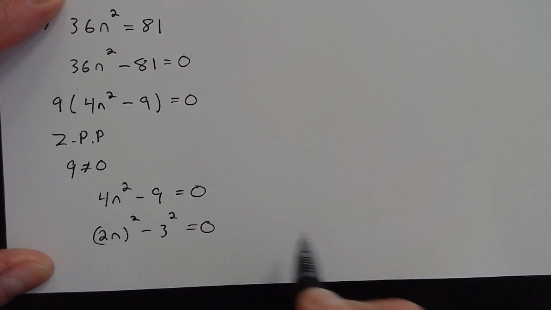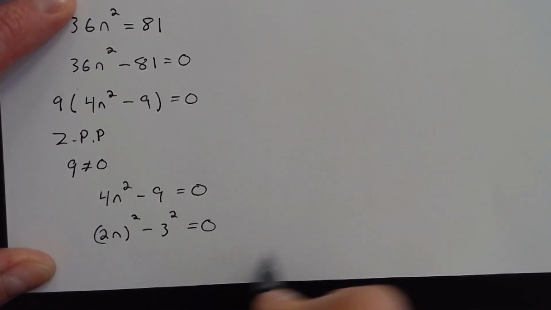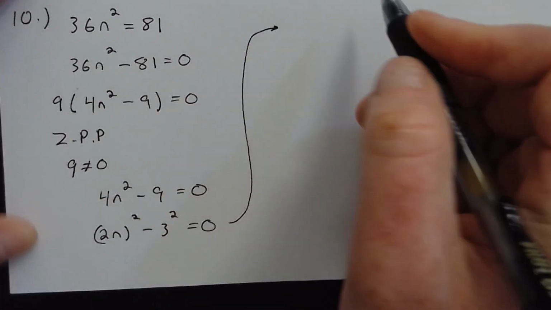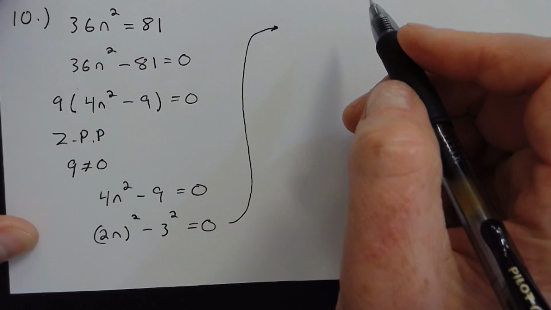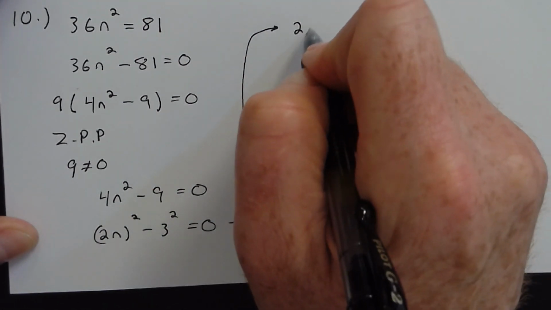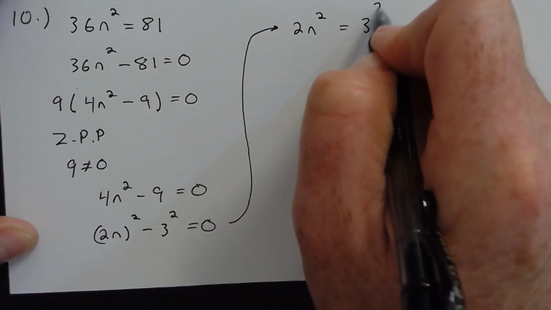And then I can push the 3 squared to the other side so that I have (2n) squared is equal to 3 squared.